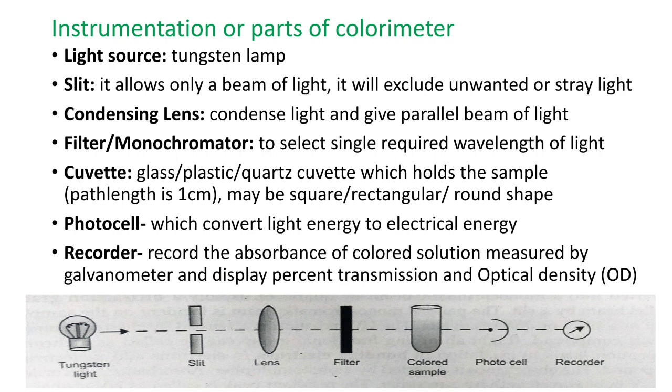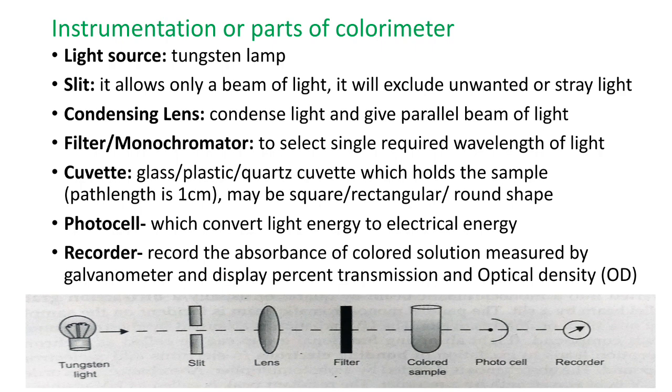Next, the light passes through the condensing lens. This condensing lens condenses the light and gives a parallel beam of light.